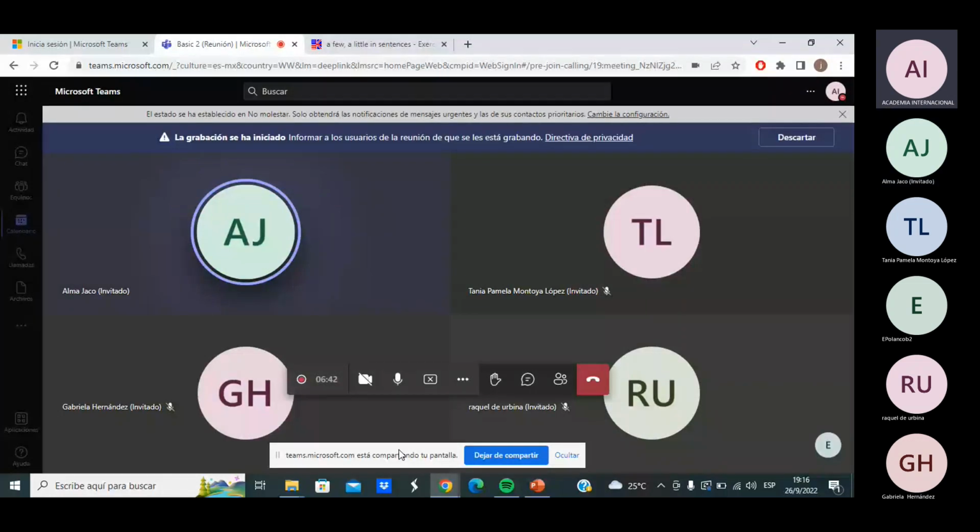And which of them is used with countable nouns? ¿Cuál de ellos es utilizado con countable nouns? Many is used with countable nouns, right? Countable nouns are words or objects that we can count, and uncountable nouns are things that we cannot count.